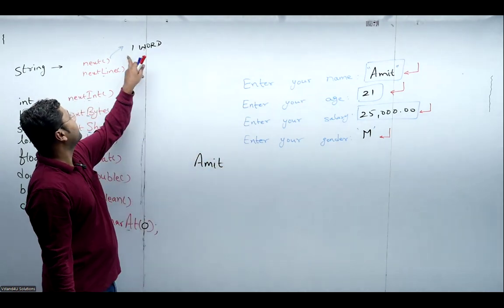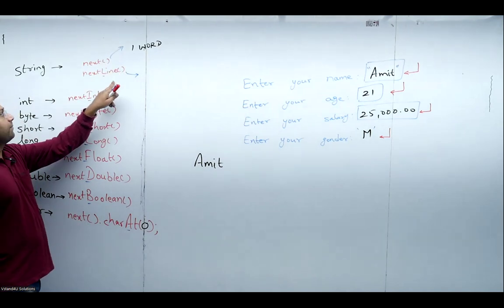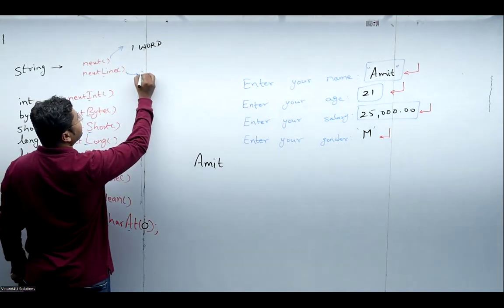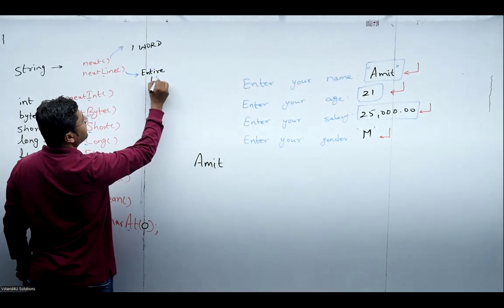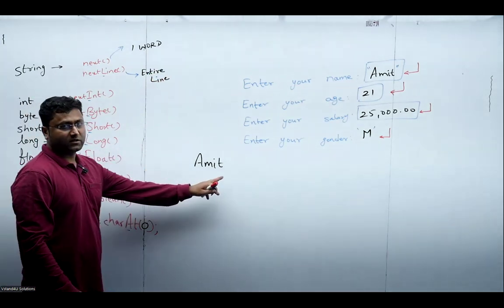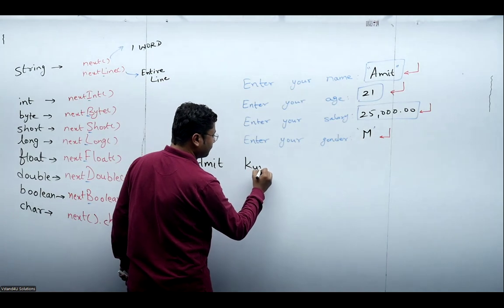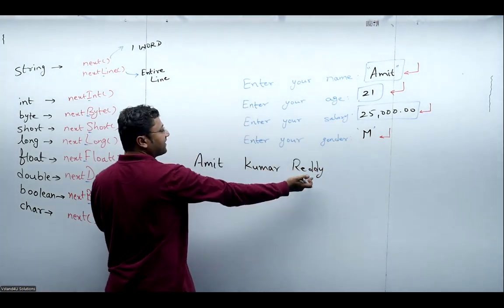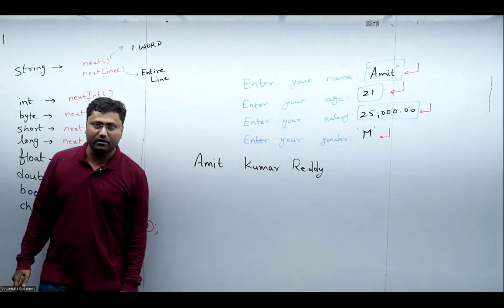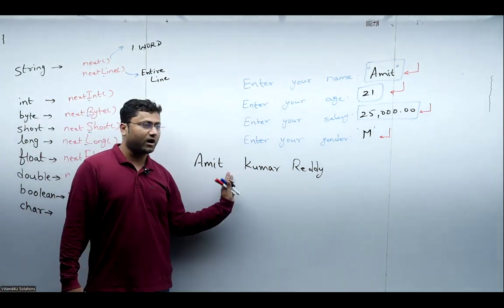Then next is recommended. Am I clear? But if you want to read the entire line, what does it mean, entire line? Say, for example, Amit Kumar Reddy. Don't you think multiple words are there in the name? And it is one person's name. Consider one person's name is called Amit Kumar Reddy.